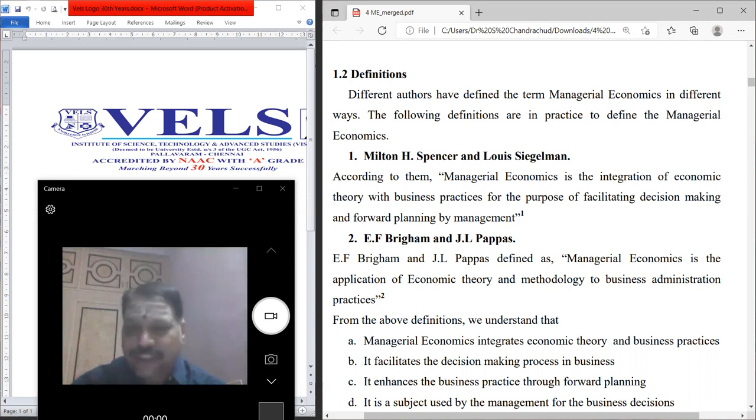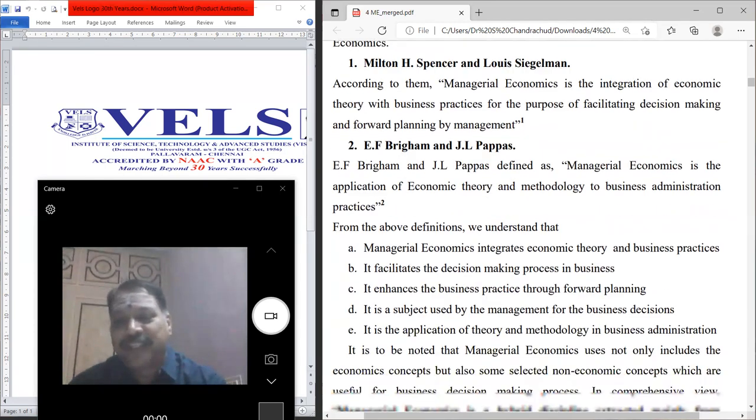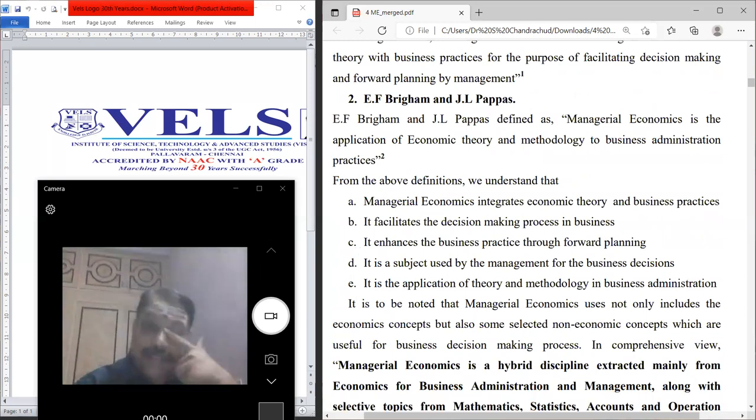There is one more definition by Brigman and Pappas. According to them, managerial economics is the application of economic theory and methodology to business administration and business practices. From the above definitions, what we can understand is that managerial economics integrates economic theory and business practices.